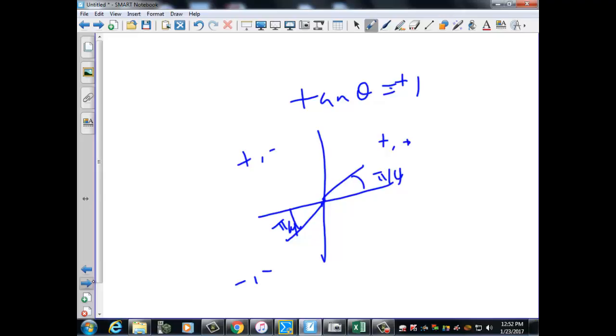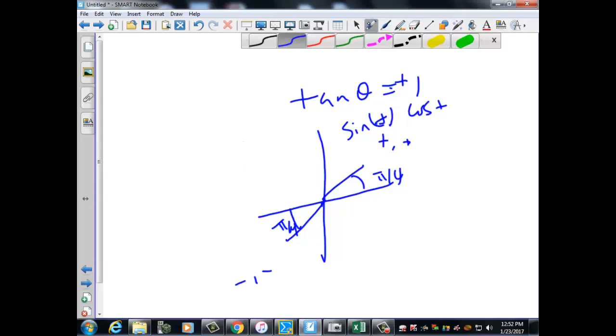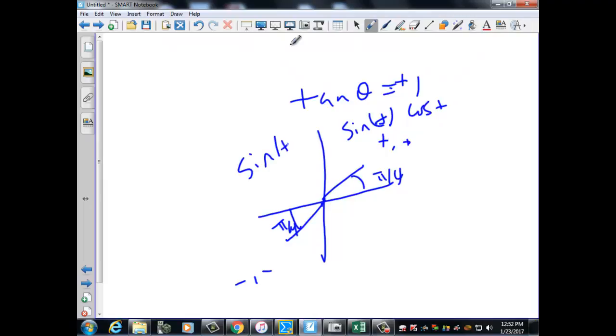Okay? So remember, sine's positive here. Cosine's positive here. Everything's positive there. Over here, the only thing that's positive is sine. Sine's positive here, but cosine's negative. Tangent is positive here.